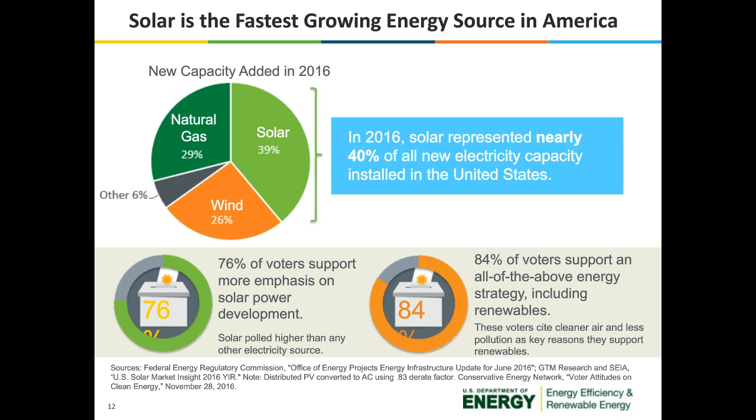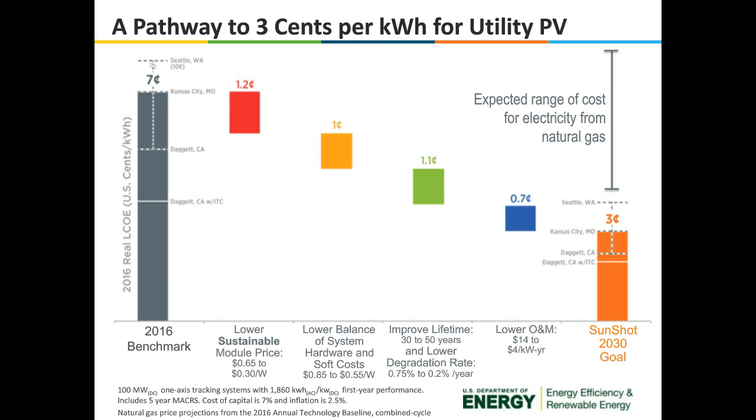An example of the kind of technology road mapping that is in place is displayed here in the SunShot goals for 2030. SunShot is an initiative that started in the Department of Energy in August of 2010 with the objective of seeing utility scale power reach 6 cents a kilowatt hour by 2020.